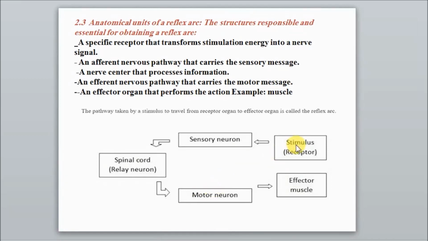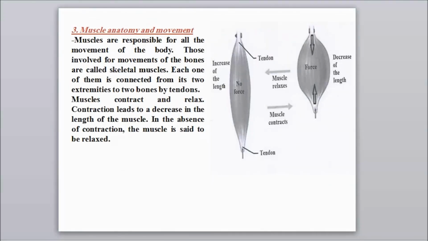Now, the pathway taken by a stimulus to travel from the receptor organ to the effector organ is the reflex arc. Slide 5 is showing us the muscle anatomy and movement. Muscles are responsible, as you know, for all the movement of the body.